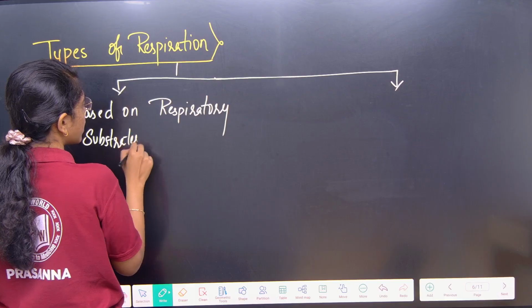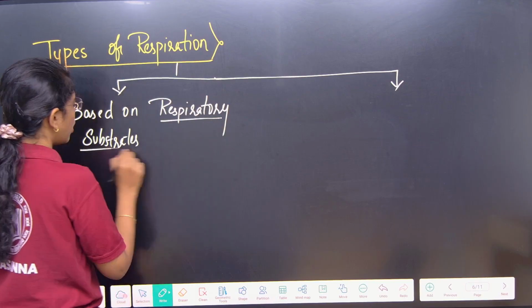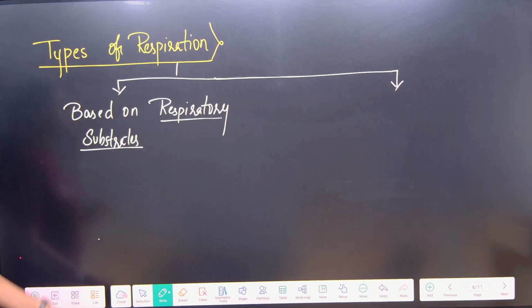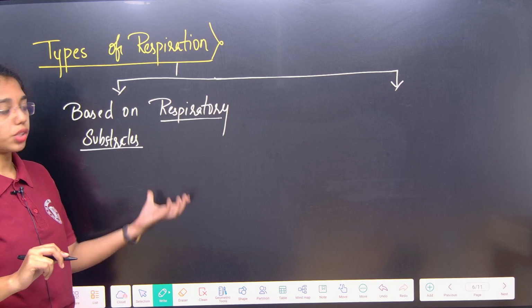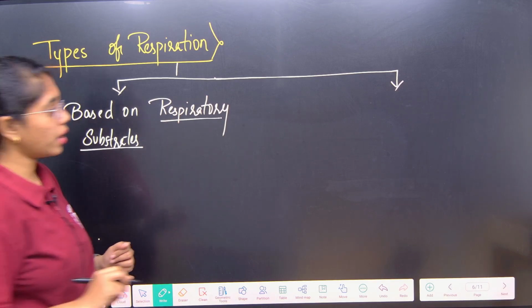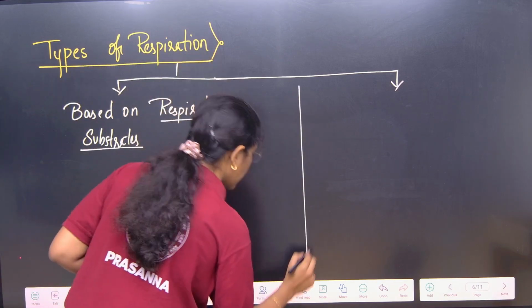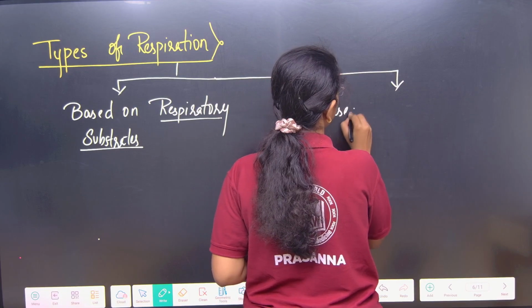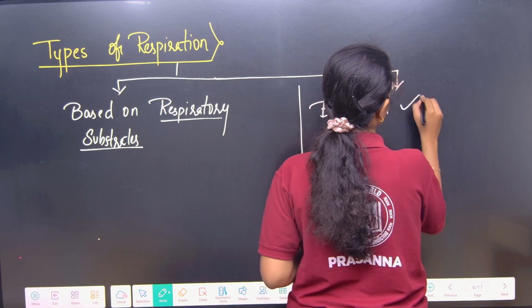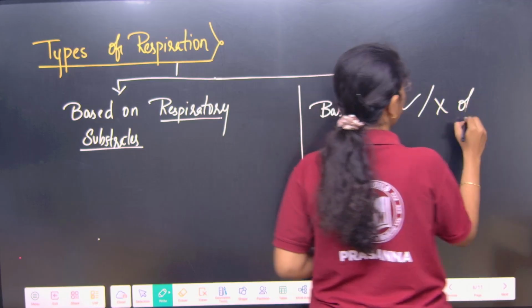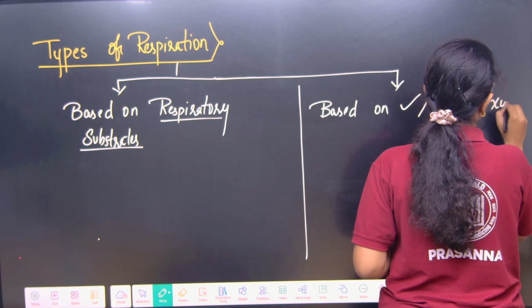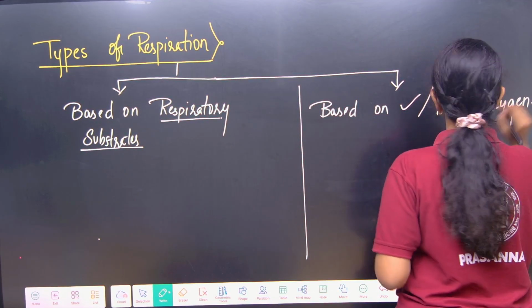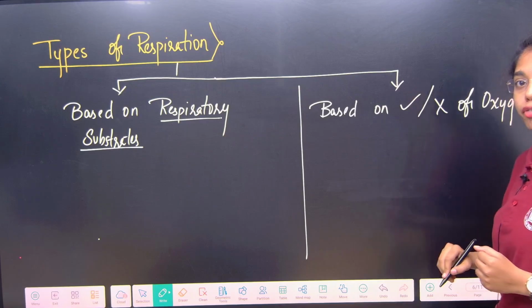What are respiratory substrates? The biomolecules or biomacromolecules which are subjected to oxidation are known as respiratory substrates. And the second classification is based on the presence or absence of oxygen.